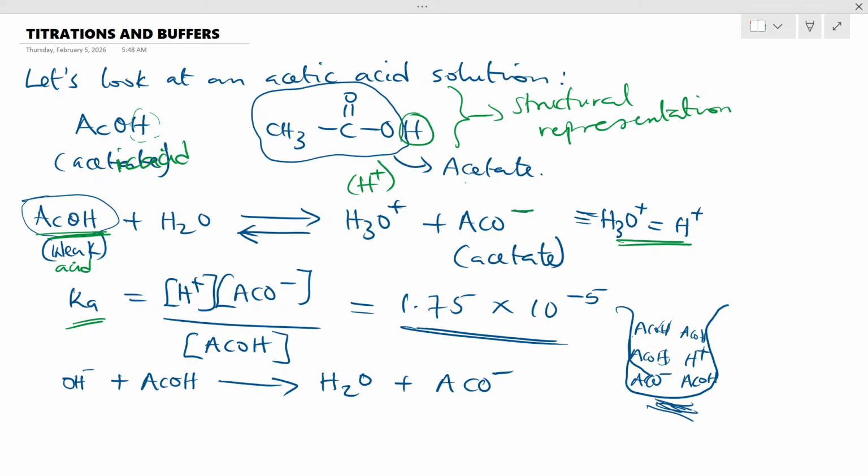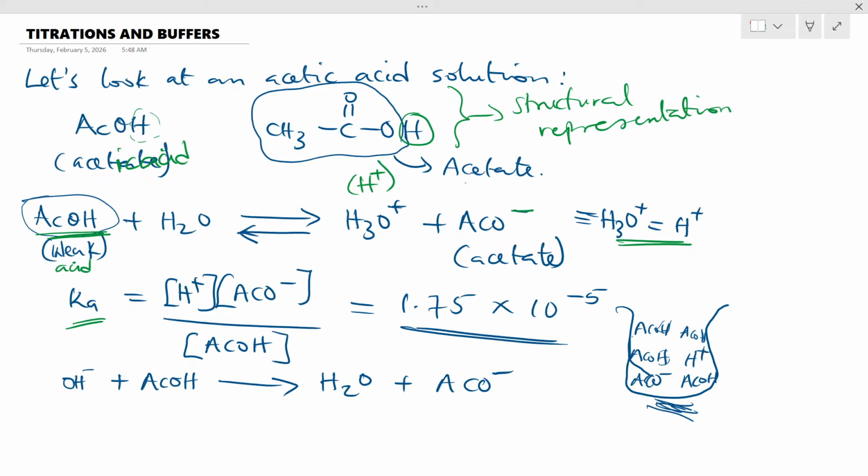A Ka, which is your acid dissociation constant, of what? 1.75. Again, we said this value is very small, which shows that not very much of the reactant is actually dissociated. It's very little that will come apart, and much of it stays in the reactant form.